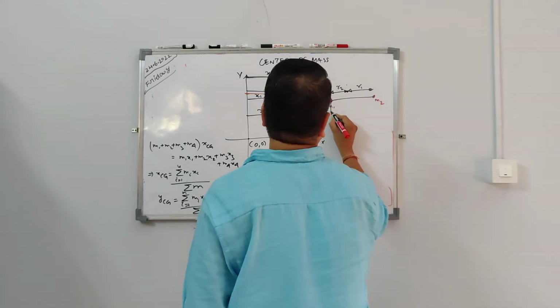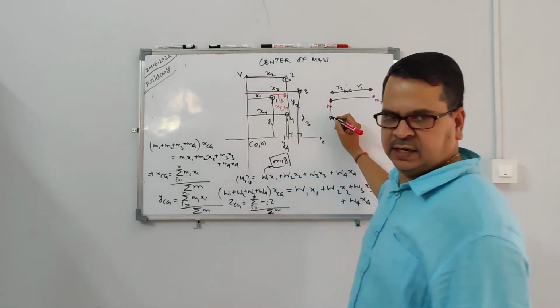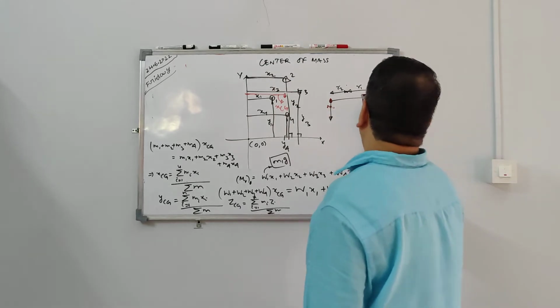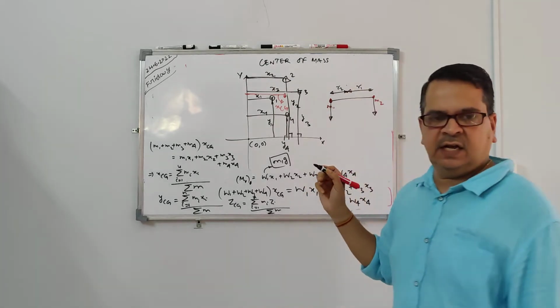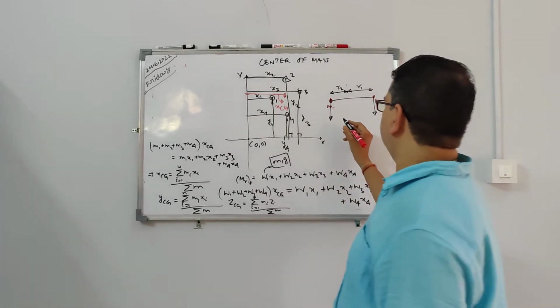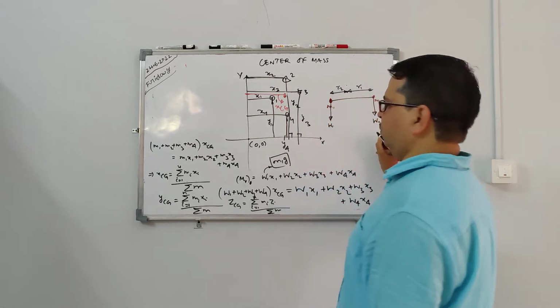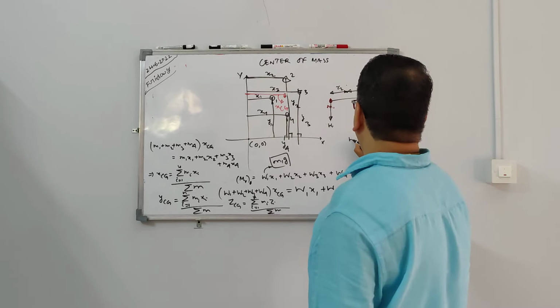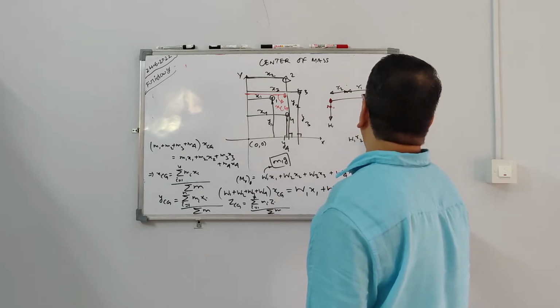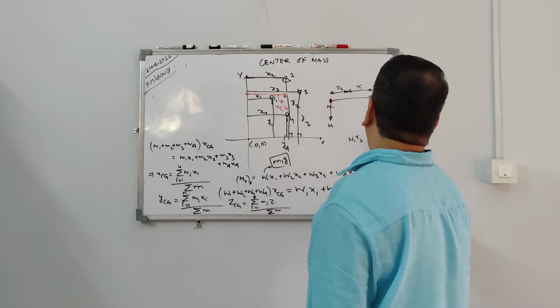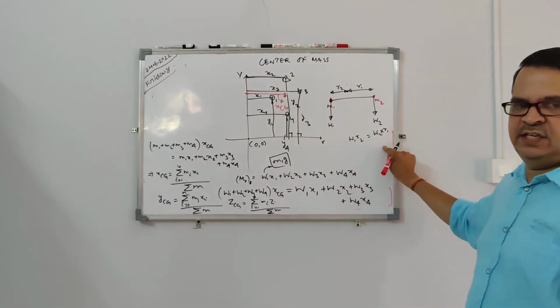In this case, the moment caused by m1 and m2: they will be acting as weights, m times g. So m1 is nothing but weight W1 and m2 is weight W2. So this means W1 into R2 is equal to W2 into R1. This is a moment, and this is a moment.